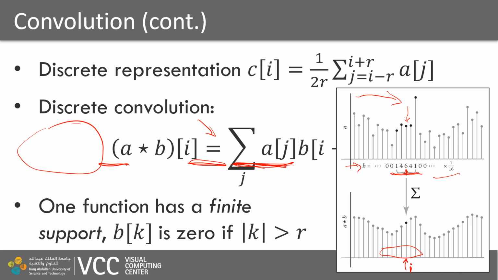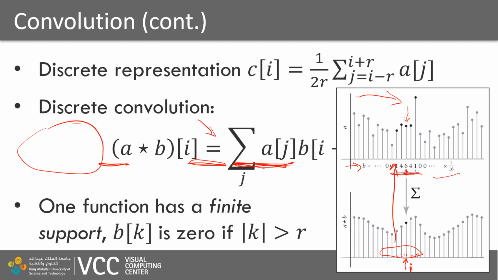the values when, for example, j will be I, because one of these neighboring samples will also have the value I. The B of I minus I will be B0.